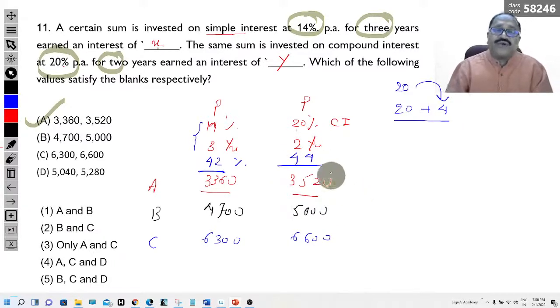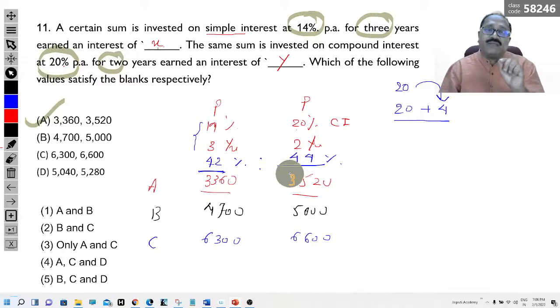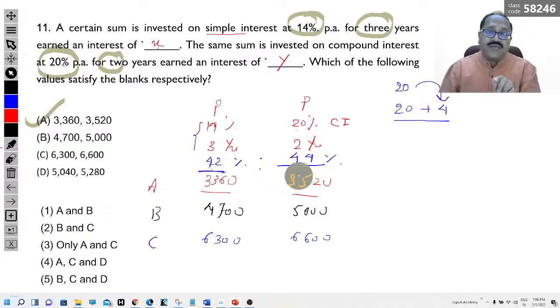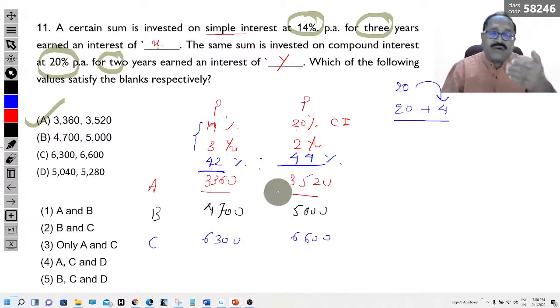What you are going to check here is the ratio between these two. In the first one, 42% is the interest. In the second one, 44% is the interest, and the sum is the same. So whatever the percentage interest ratio, the value interest ratio will be the same.